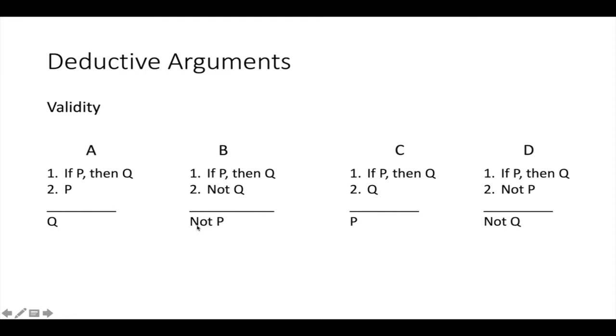It's guaranteed. It's logically impossible for the premises to be true in argument B and the conclusion to be false. I want you to decide which of these are valid or invalid. So now's another time where you should pause the video, and I'll give you a moment to do that. Then I'm going to reveal the answers.